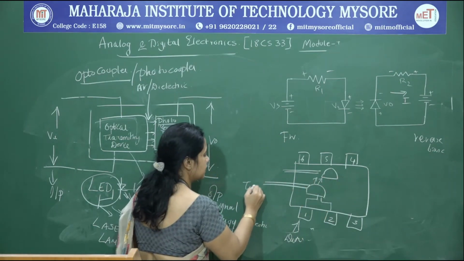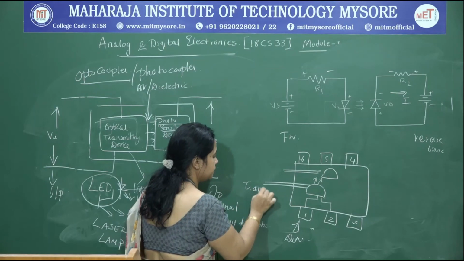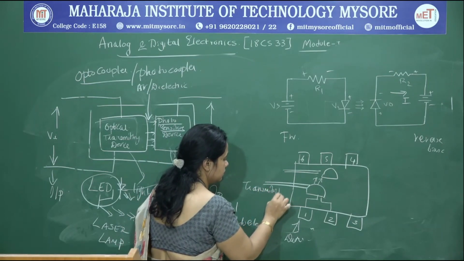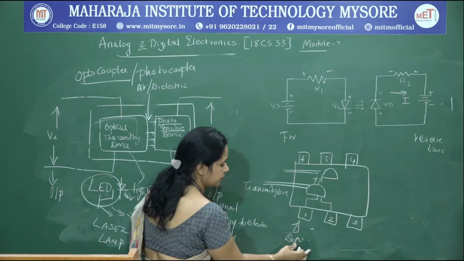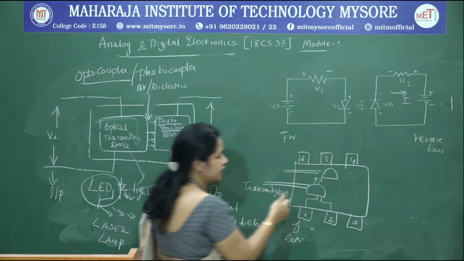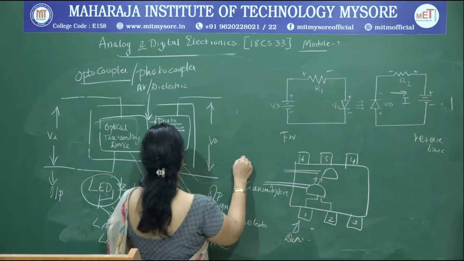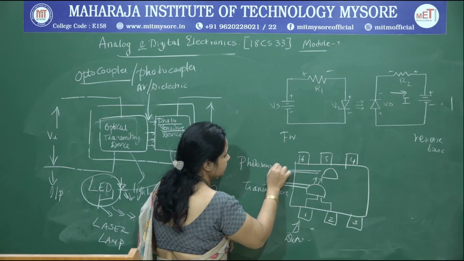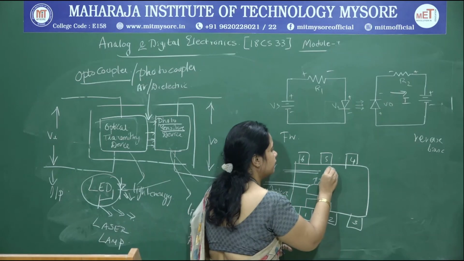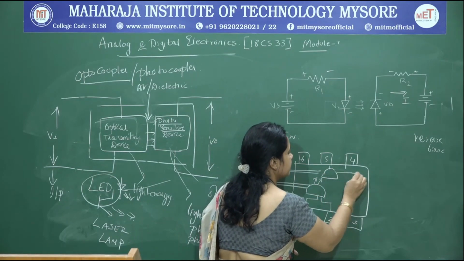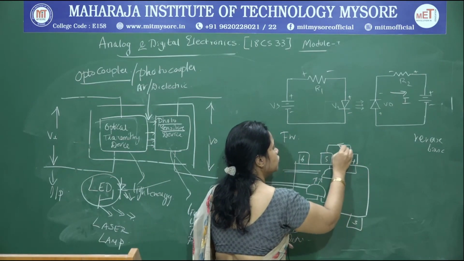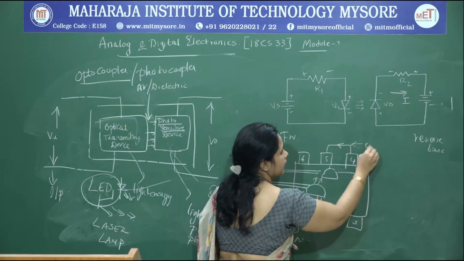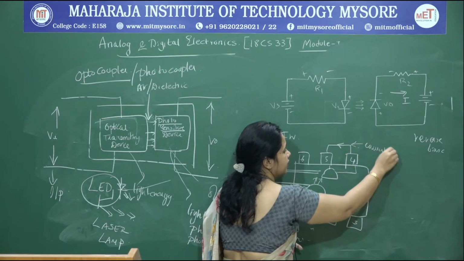So, this is a photo transmitting device which picks up the electrical signal and converts it to light energy, and this is your photo sensor which senses the presence of light signal and converts it into electrical signal. So, as a result you have current flowing into the external circuit.